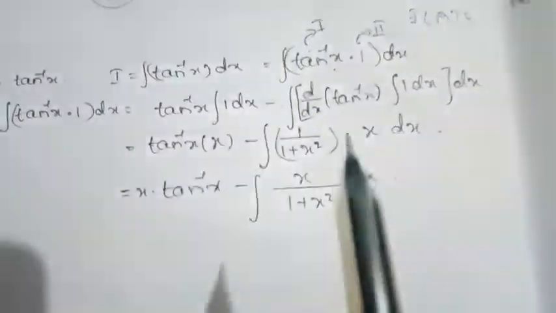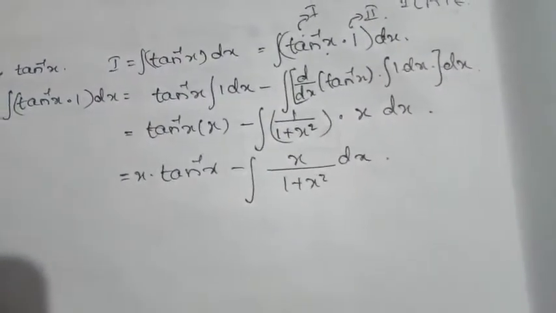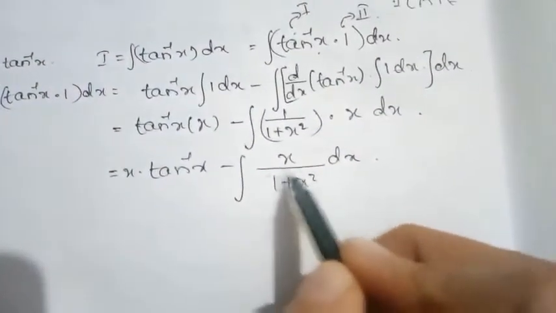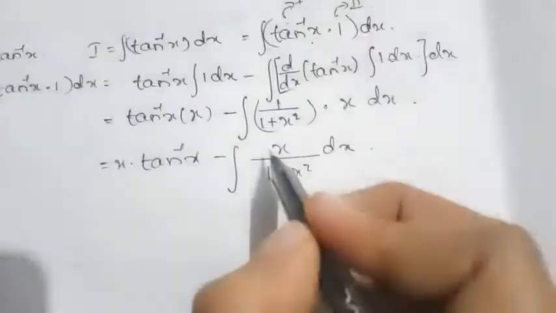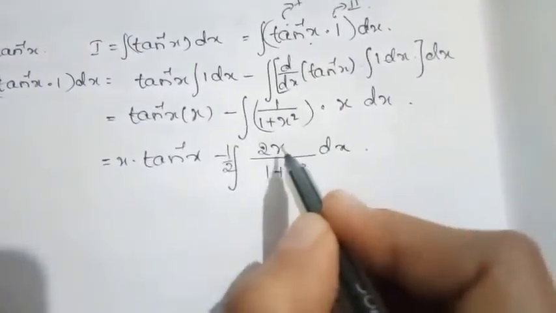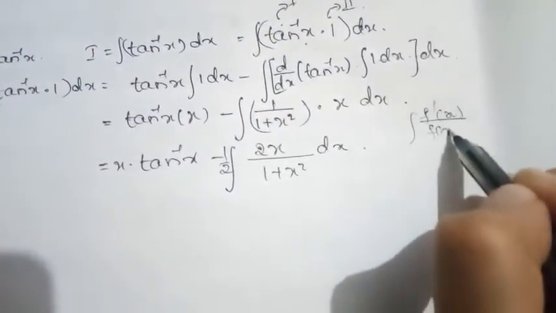You can integrate this either through the substitution method or the thing I said. What is the differentiation of 1 plus x square? It is 2x. So if I multiply by 2 and divide by 2, it is in the form of the integration of f dash of x divided by f of x.